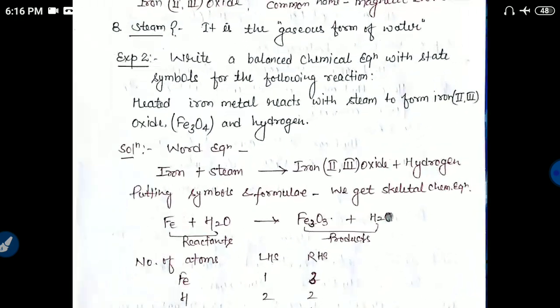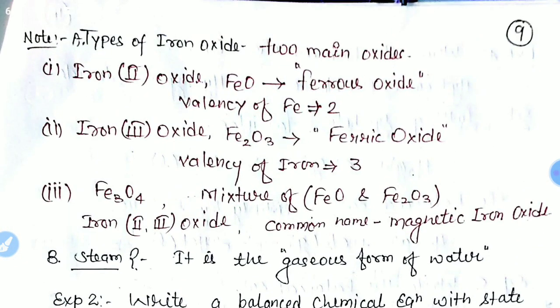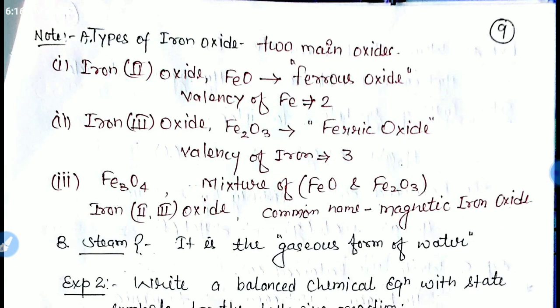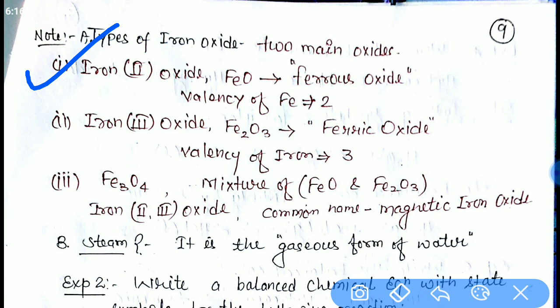Okay, next question. We have to read the problem about types of iron oxide. Important information is that there are three forms of iron oxide. First one is iron second oxide, which is given as FeO. FeO means ferrous oxide.